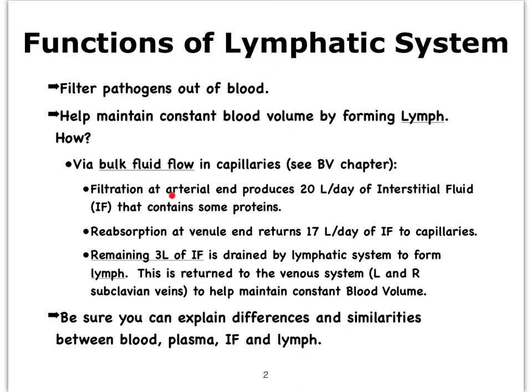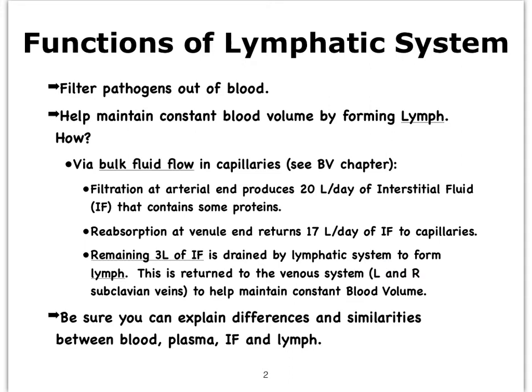So at the arterial end, we had the blood filter to create interstitial fluid, while at the venous end, we had reabsorption occurring, and most of that interstitial fluid returned to the blood, but not all of it. And so a few liters, about 3 liters, would stay behind in the form of interstitial fluid, which would then seep into the lymphatic capillaries of our lymphatic system.